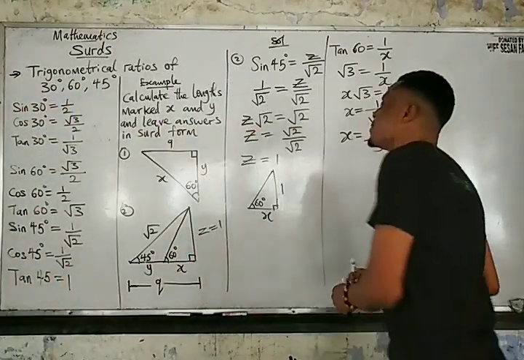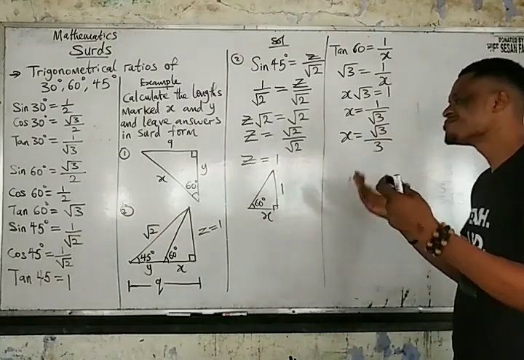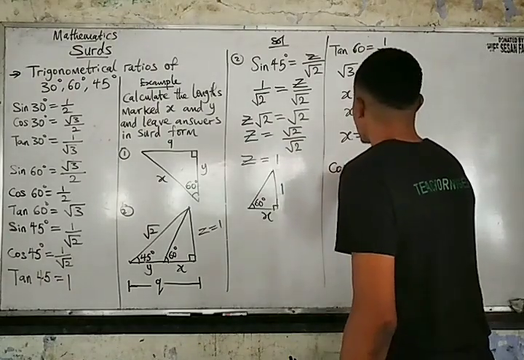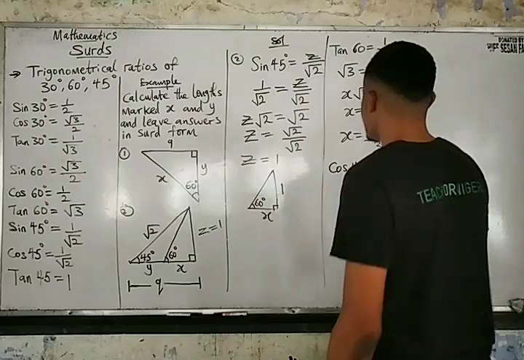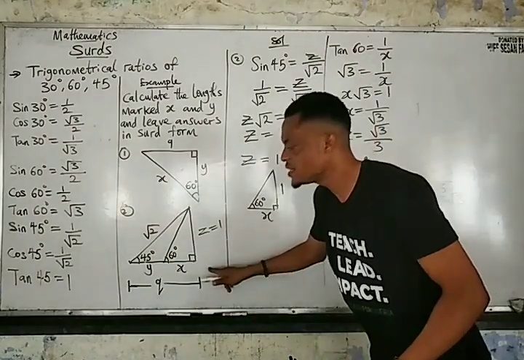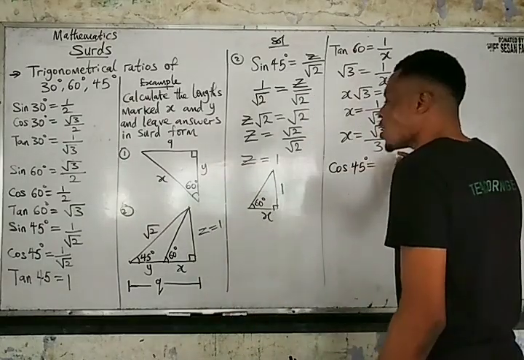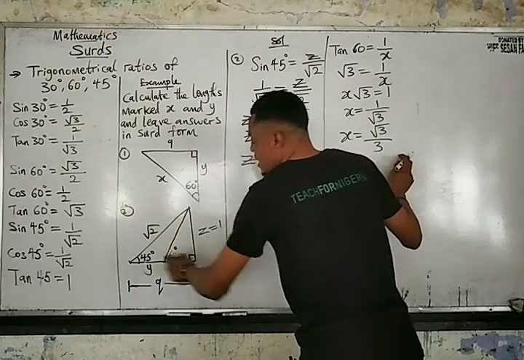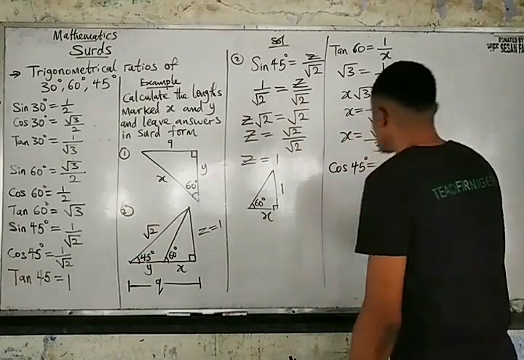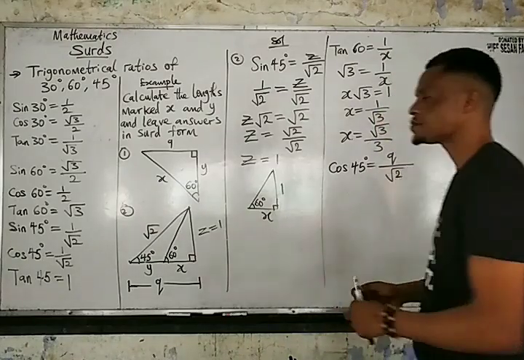So let's proceed by using either cos or tan. Let me choose to use cos 45. Let's see what will happen. So cos 45 equals adjacent, everything here, over hypotenuse, which is q all over root 2.